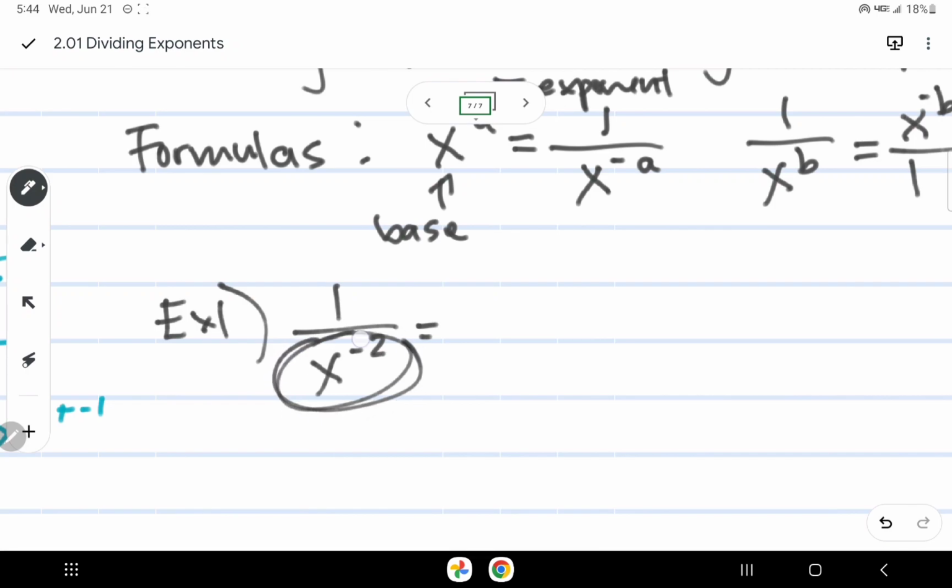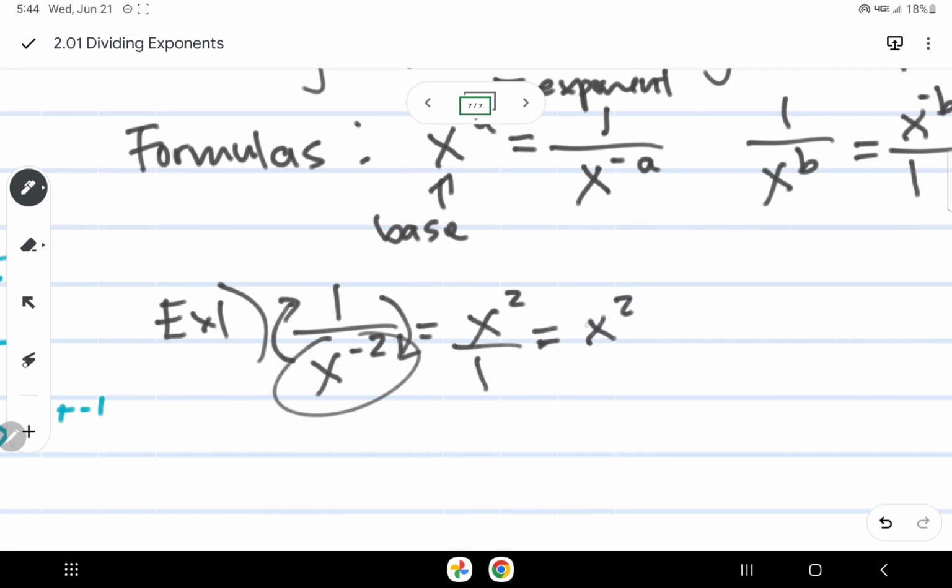Right now, this whole thing is at the bottom, since the 1 is at the top. So I will move this whole thing to the top, and the 1 goes to the bottom, so they basically switch. And the exponent, since I moved the base from the bottom to the top, it flips, so negative 2 becomes positive 2. Or you can also write that as x to the power of 2.